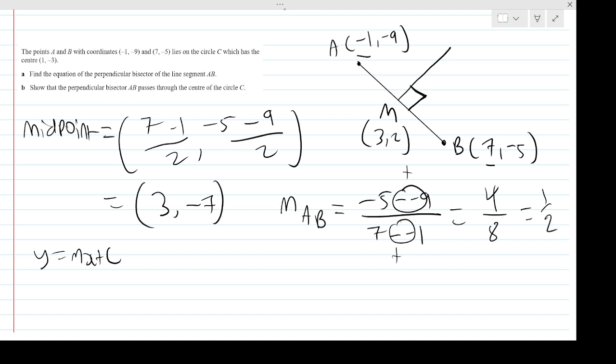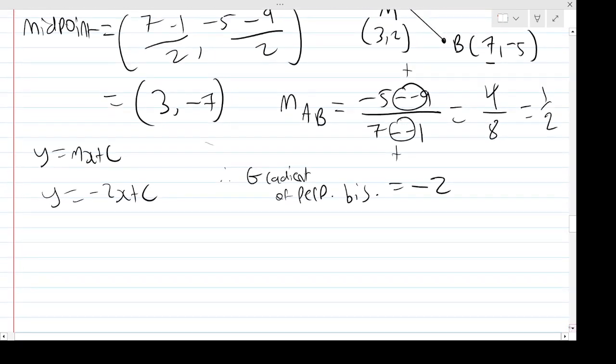Therefore, we can say that the gradient of the perpendicular bisector is going to be the negative reciprocal. So negative, and then flipping 1 over 2 will be 2 over 1, but that's just 2, so we get minus 2. Therefore, y equals mx plus c becomes y equals minus 2x plus c.